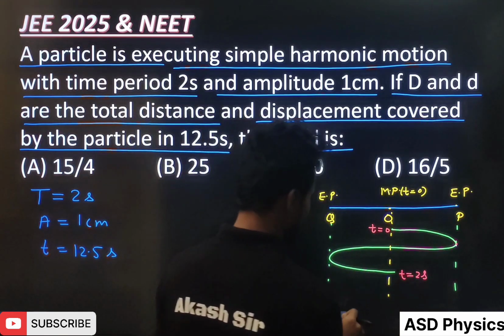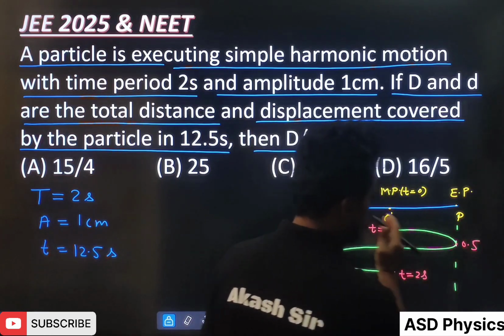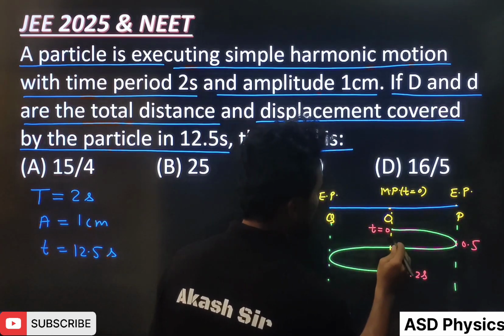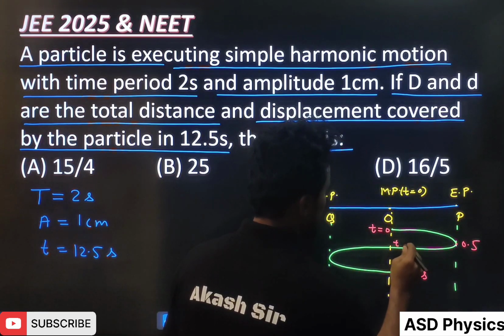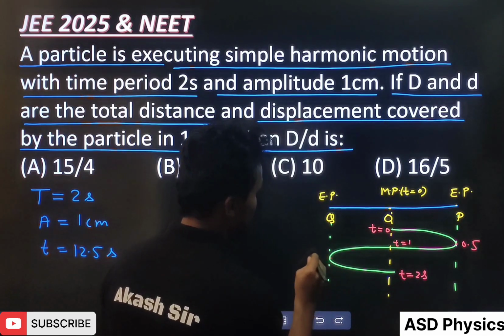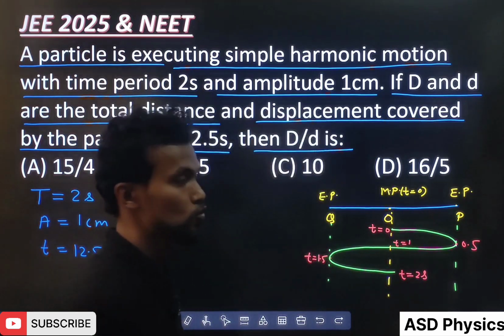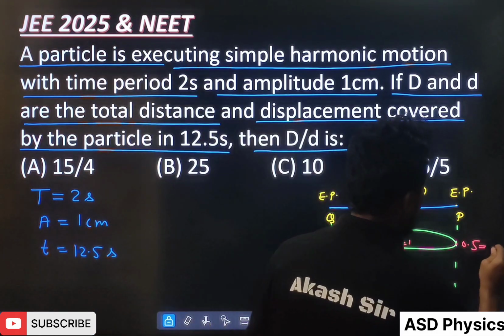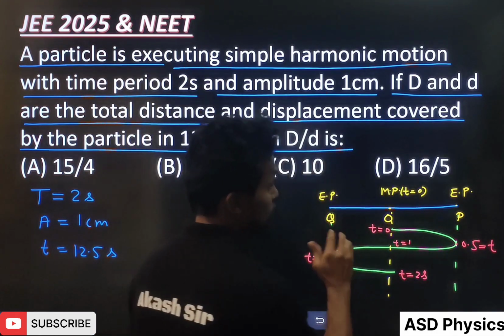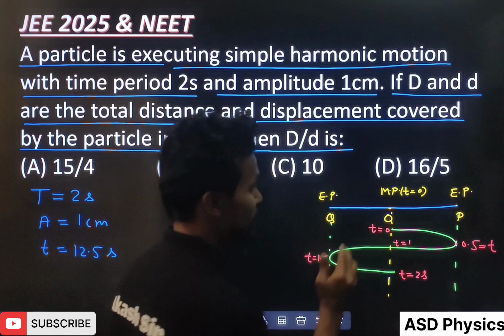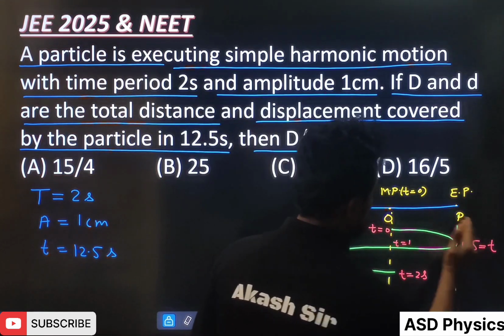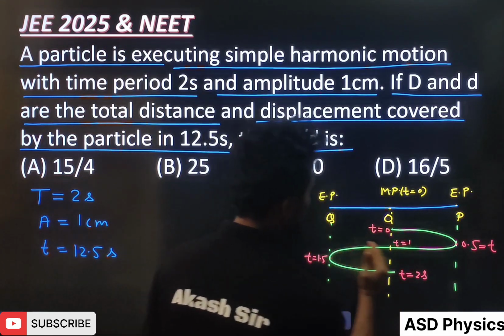Here to here, 0.5; here to here, 0.5. That means it becomes t equal to 1, then t equal to 1.5, and then t equal to 2 seconds. I hope that is very clear, that is the basic. So the total time period is 2 seconds: 0 to 0.5, 0.5 to 1, 1 to 1.5, 1.5 to 2.